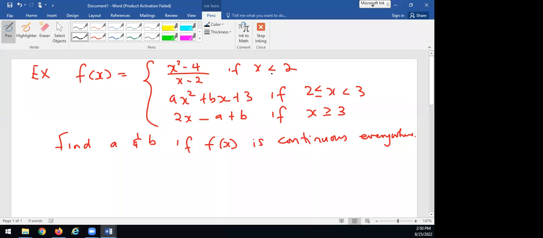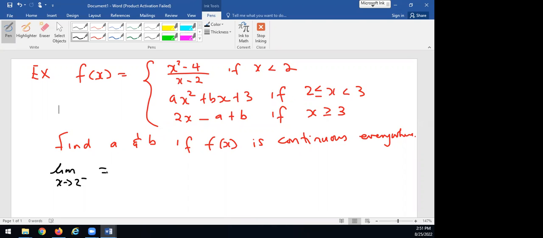Right. So what you're looking at, the limit as x approaches 2 from the left would just equal to, what would that be? I think we have to do some factorization. If you plug in 2 directly, then you're going to have a 0 in the denominator, so it's going to be undefined.